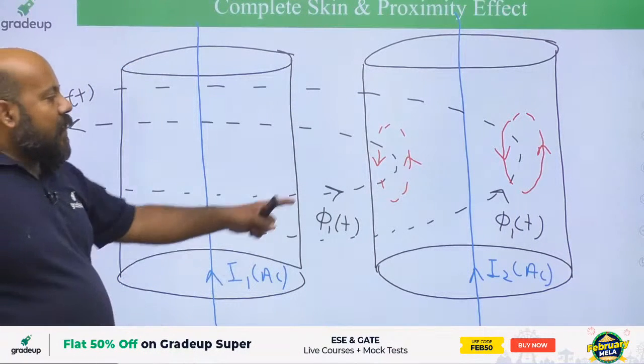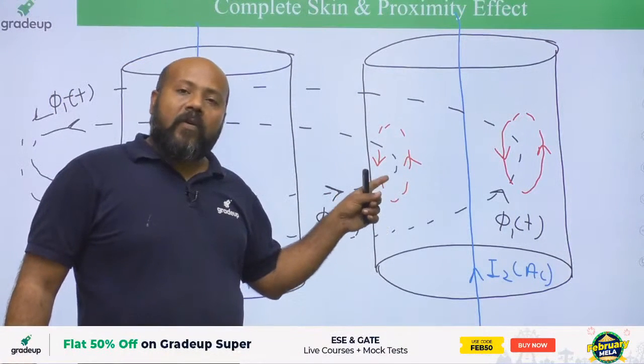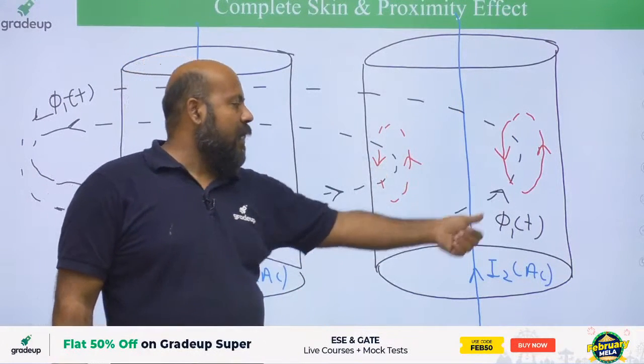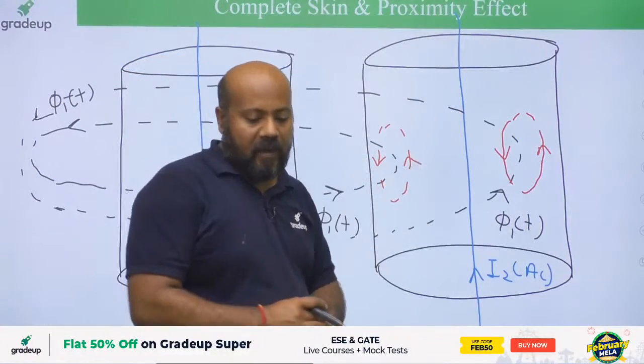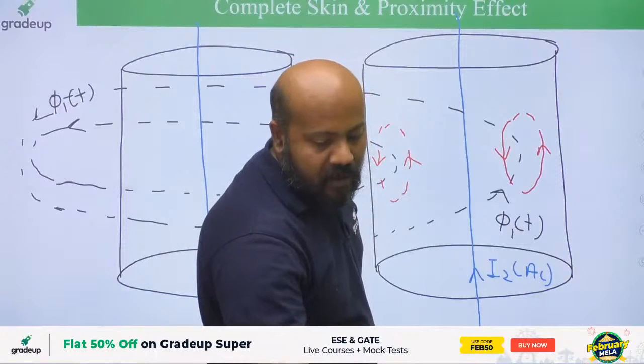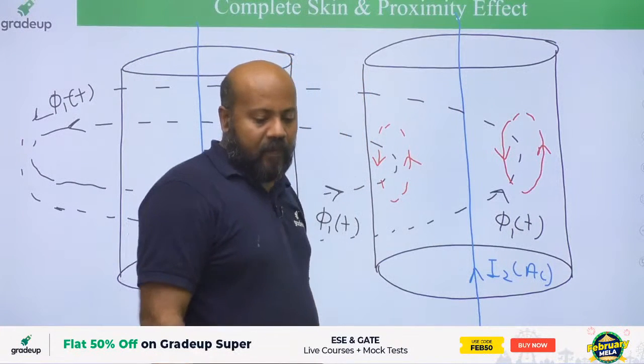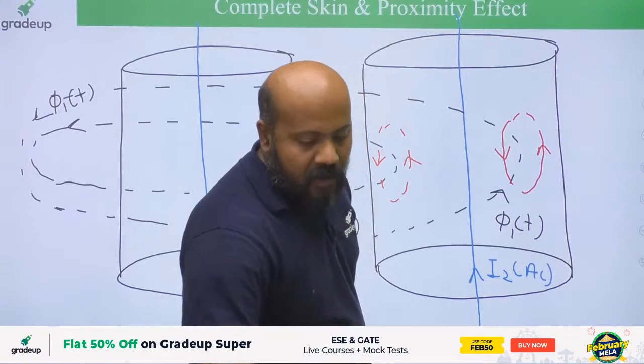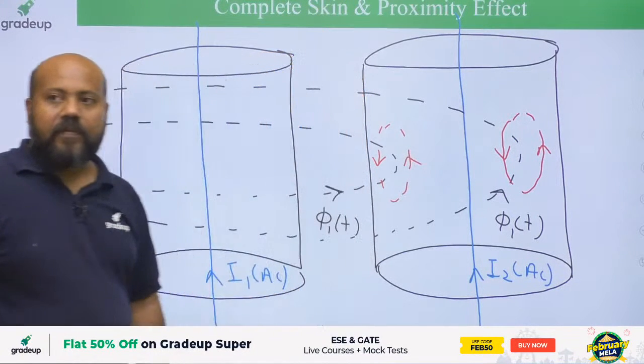So my friend, what is happening now? I want you to have a close observation of the eddy currents and the current in this main conductor. Everybody just tell me, are you able to follow this or not?